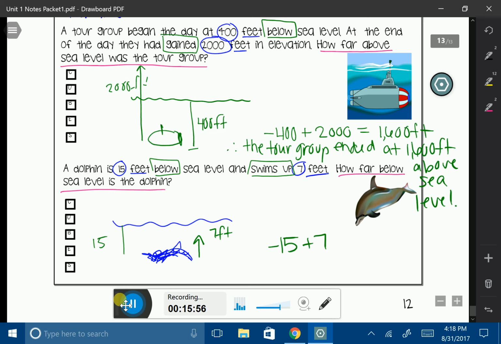If you look at those two numbers without the operations, 15 is bigger. So my answer is going to be negative. So the dolphin is still going to be under the water at 8 feet. So negative 8. Therefore, I want to say the dolphin is 8 feet below sea level.